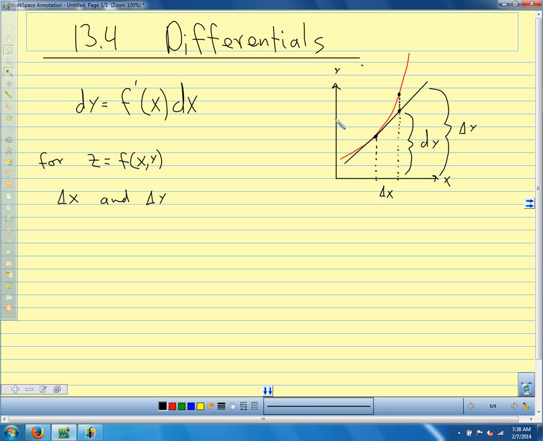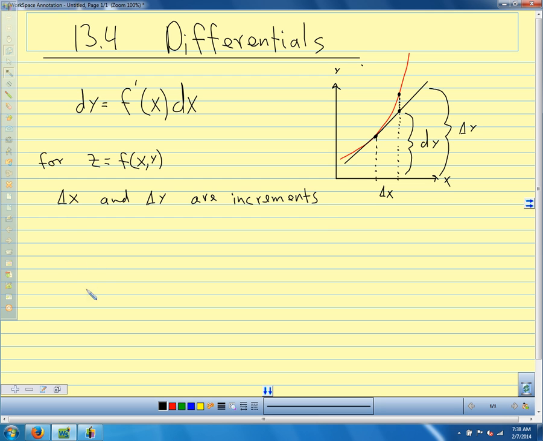This is what we did in single variable calculus for our differential. So if we have a multivariable function, delta x and delta y are increments. So we're not necessarily talking about infinitesimals, we're just talking about a change.